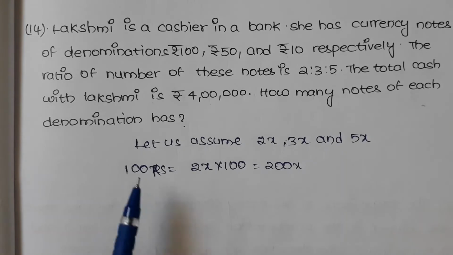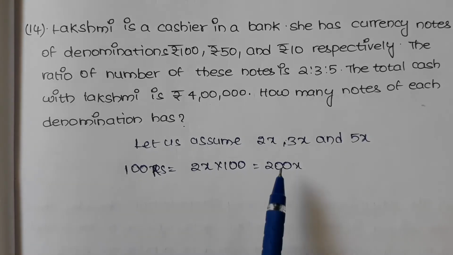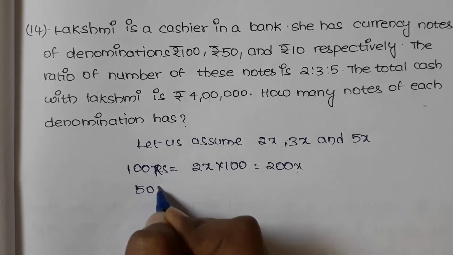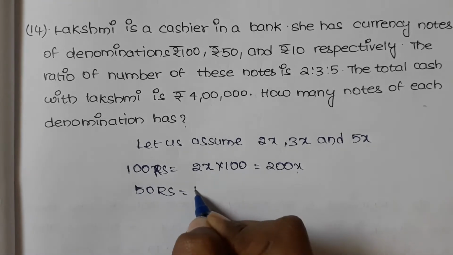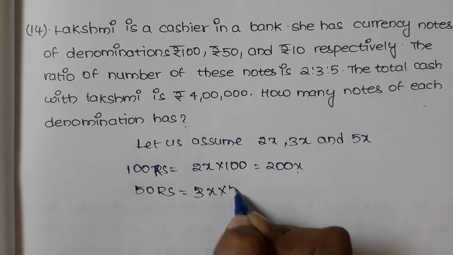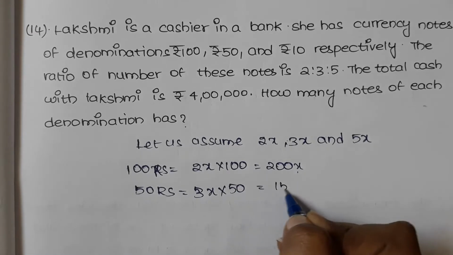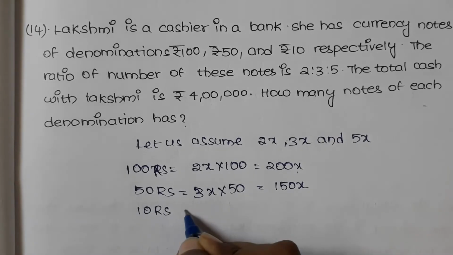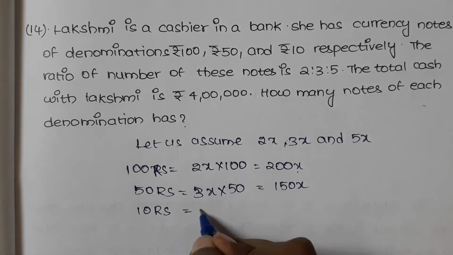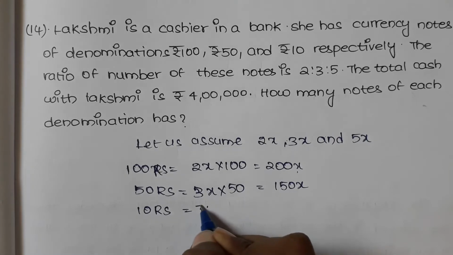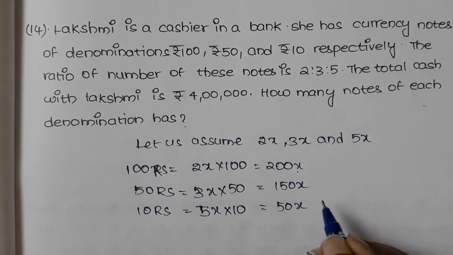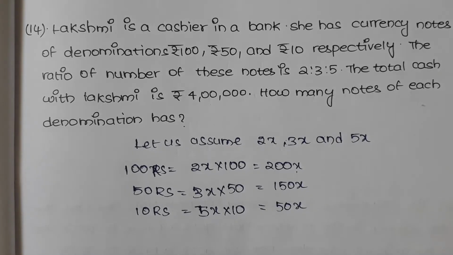She has 100 rupee notes worth 200x. Now 50 rupees, that is 3x into 50, that equals 150x. And now 10 rupees, that equals 5x into 10, that is 50x. These are the amounts she has.